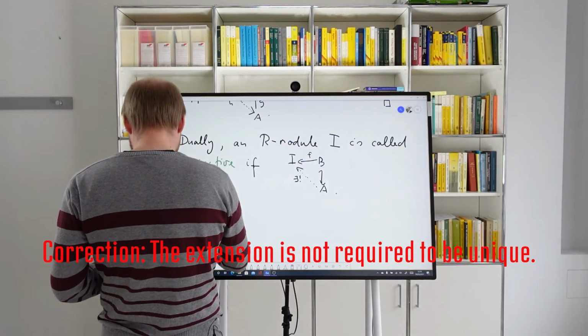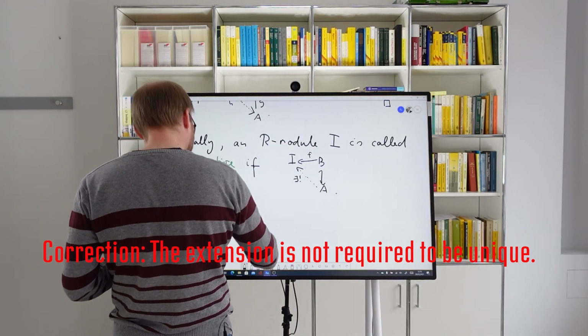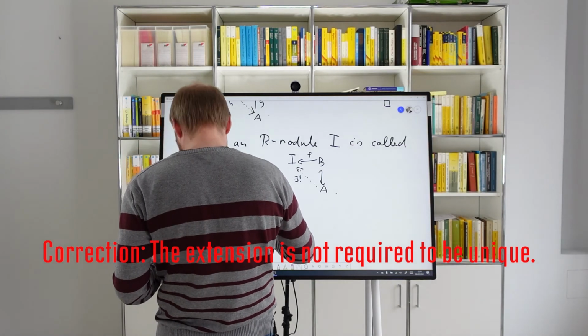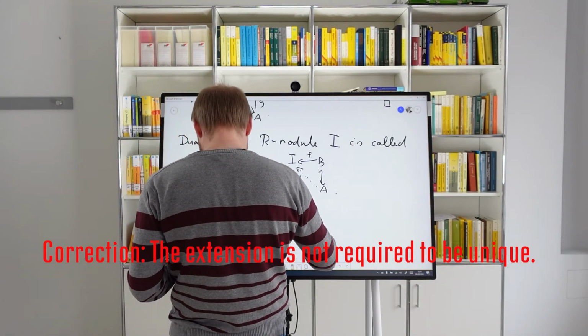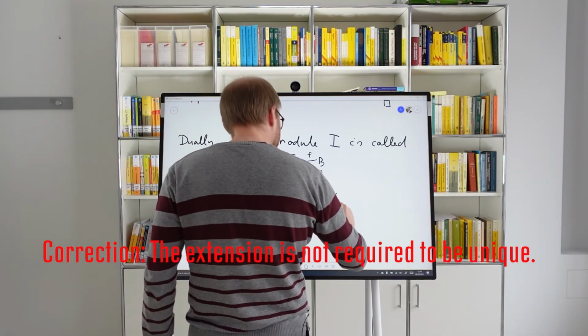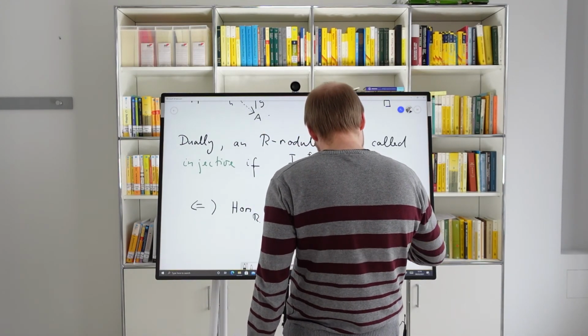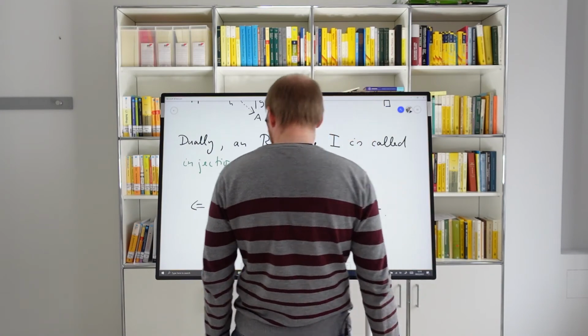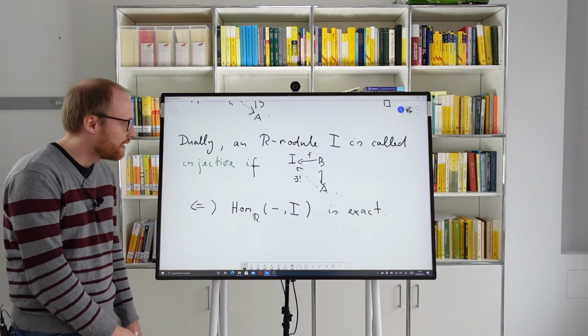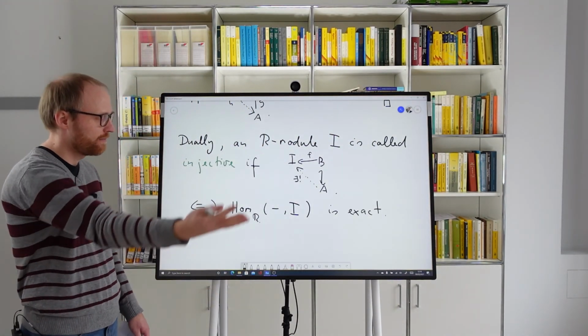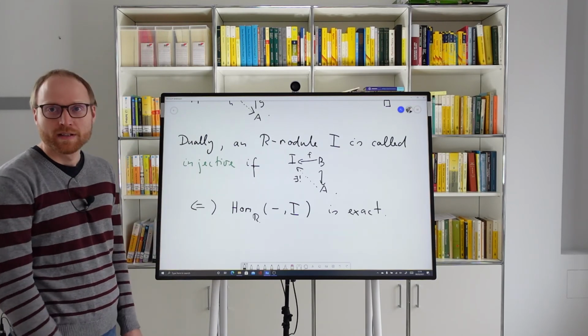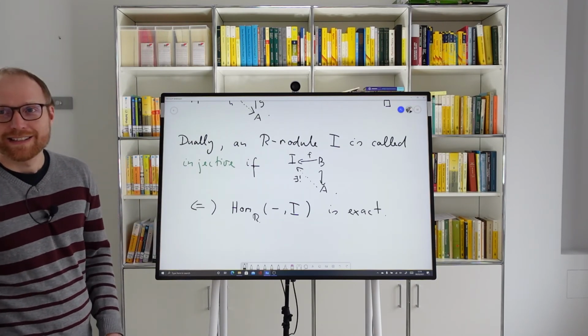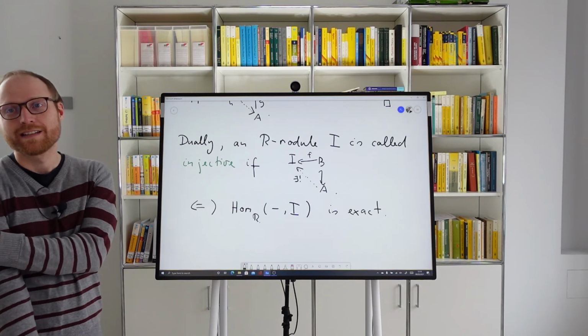The injectivity of a module is equivalent to saying that the other Hom-functor, where the blank is on the left-hand side, this contravariant functor here, is exact. But we defined above what left exact and right exact means in the contravariant case, and it just means in this case a short exact sequence.